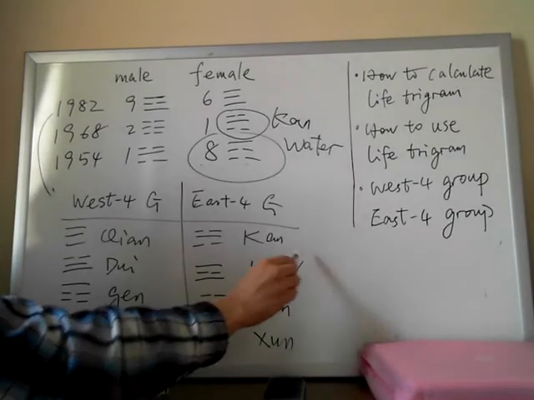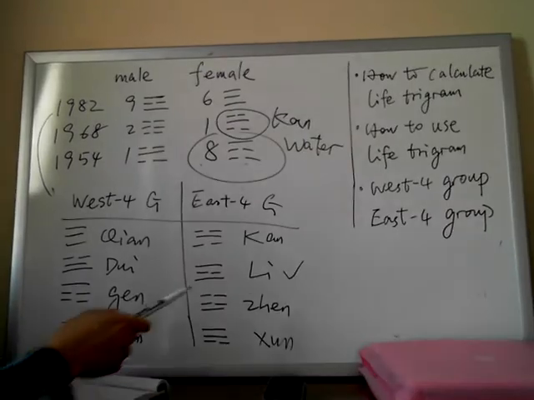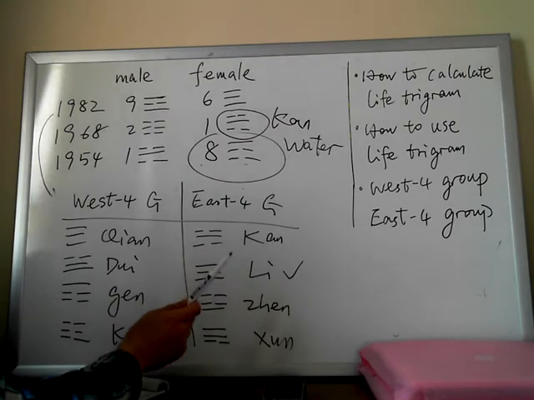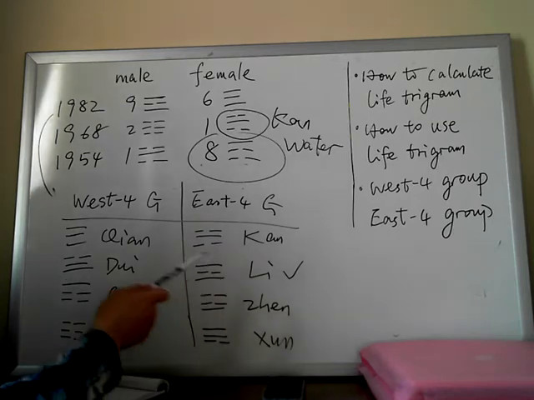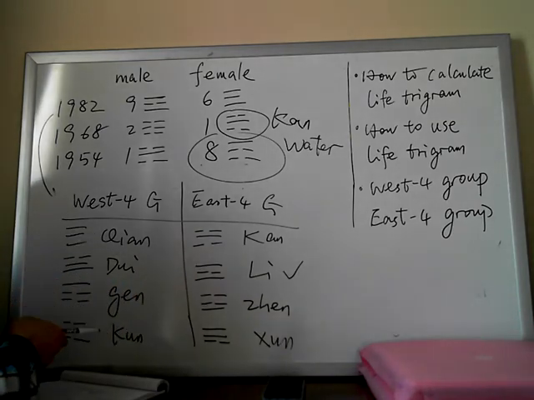Then the idea is this guy, with the life trigram Li, cannot live in a house of which the house trigram is Chen or Dui or Gen or Kun.